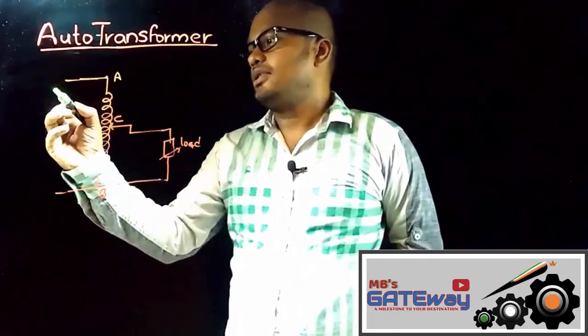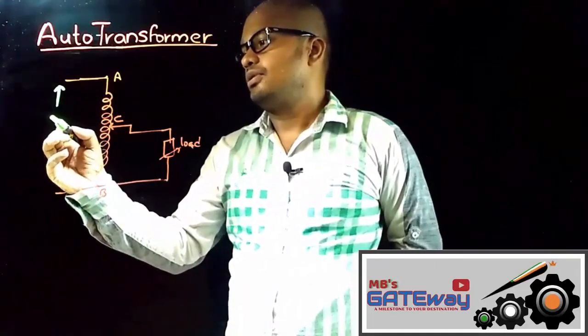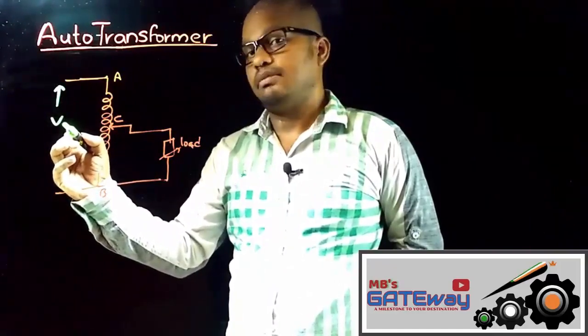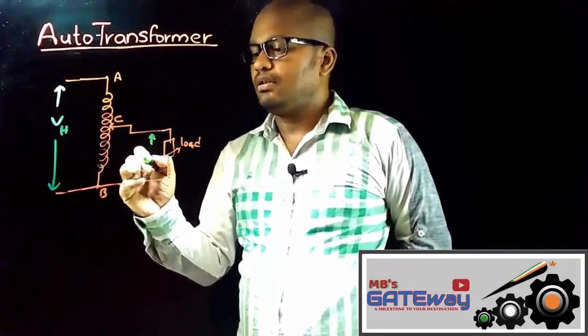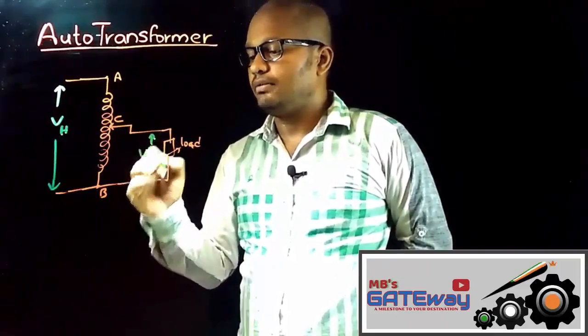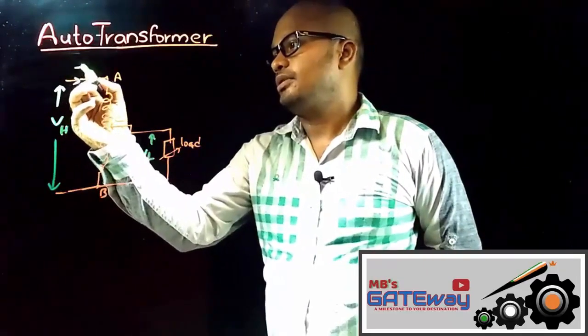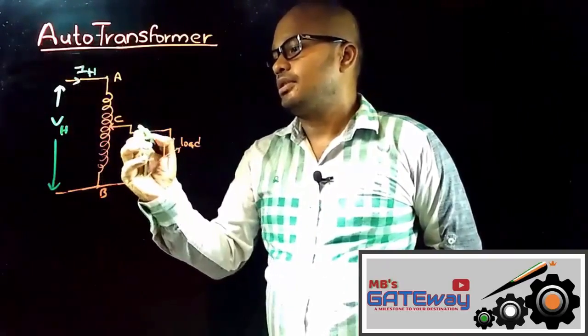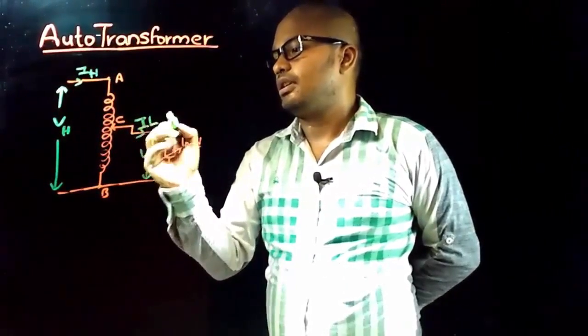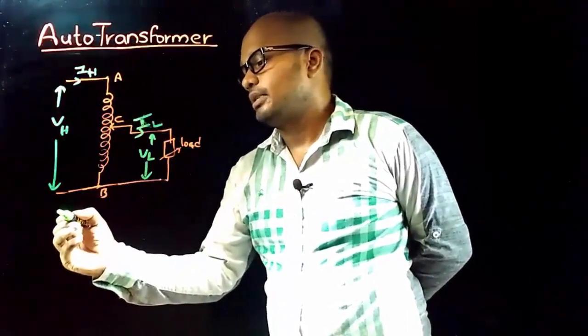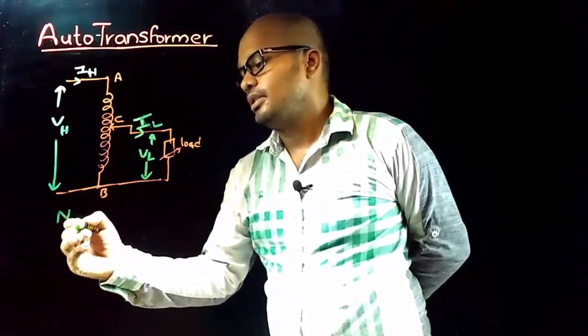Now let us suppose that input voltage is applied, and let that be VH, and let the output voltage be VL, and input current be IH, and output current be IL, and primary number of turns be NP.